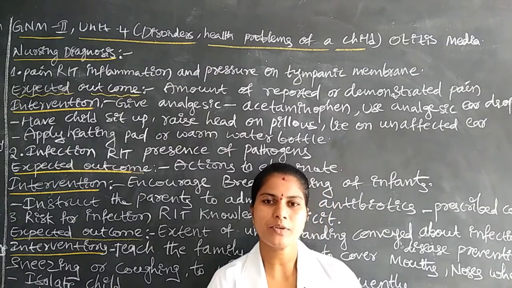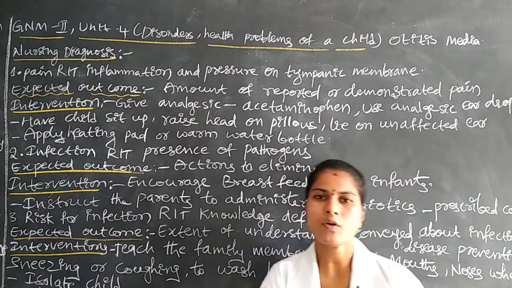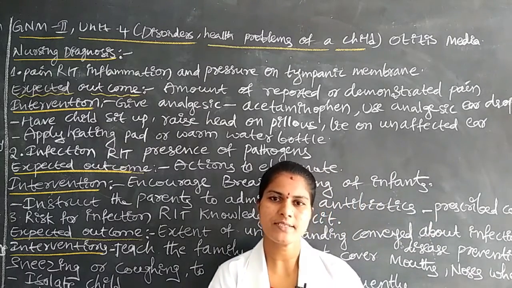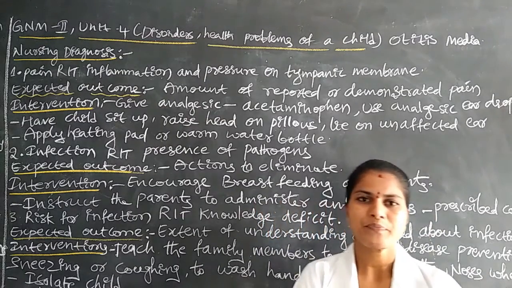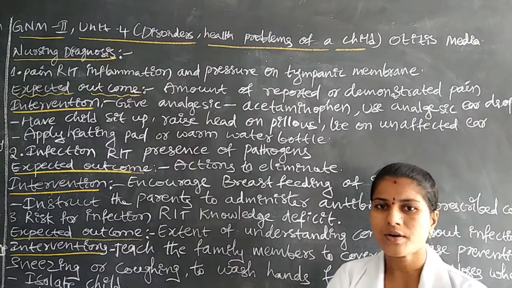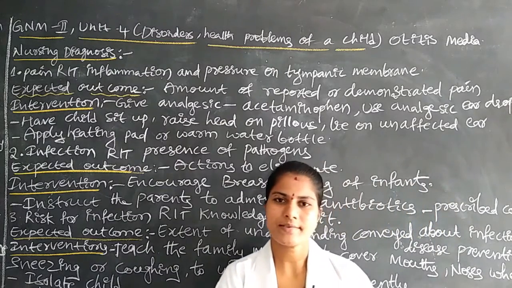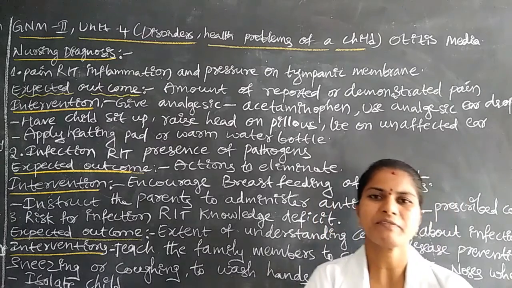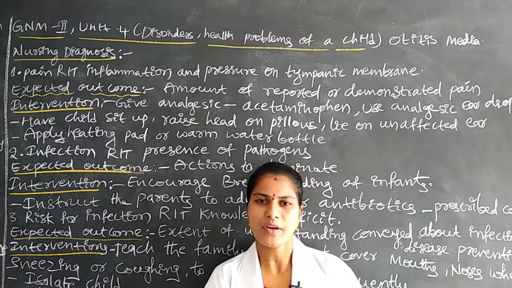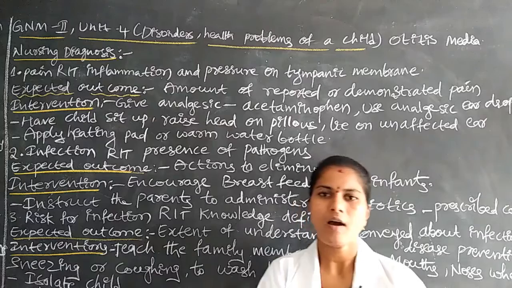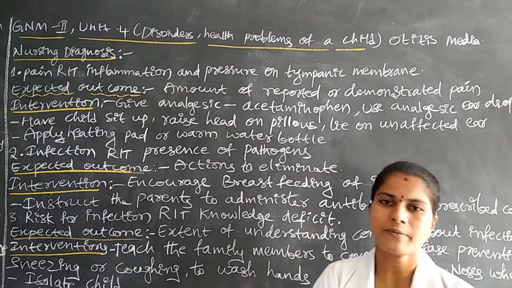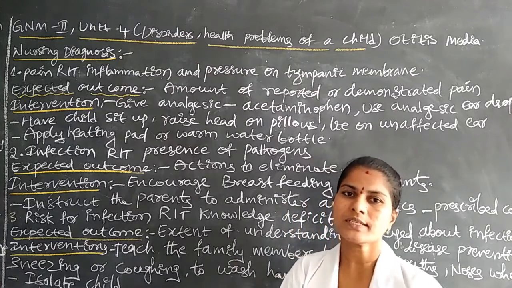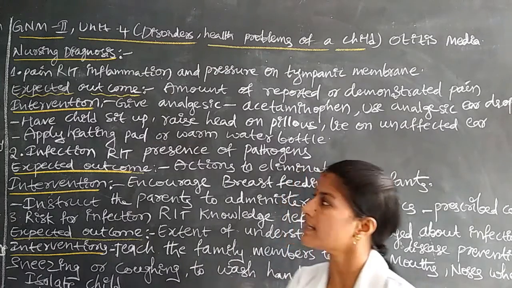If he is unable to give information, we go for secondary data from family members, friends, relatives, or some of the reports, investigations, or x-rays. In this way we collect complete information regarding the child. We know the child is suffering with the otitis media disease condition.